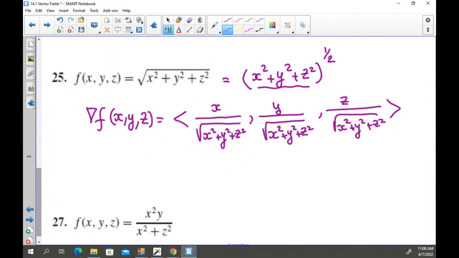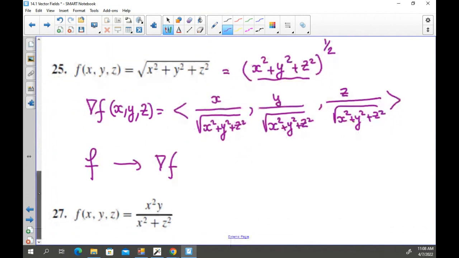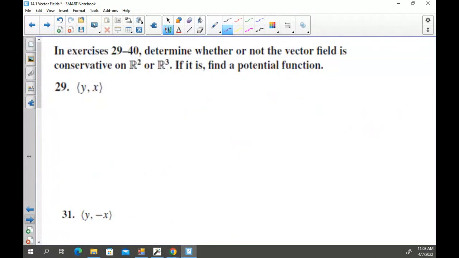Okay, so when you have f and you want its gradient, it's very easy. It's just a matter of finding the partial derivatives of the function. It's the other way that is a little bit more difficult. Here, you have the vector field.